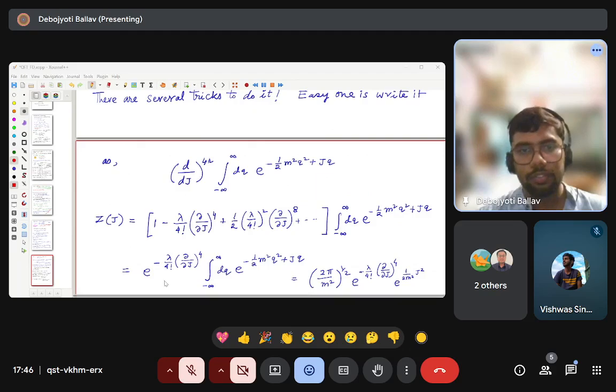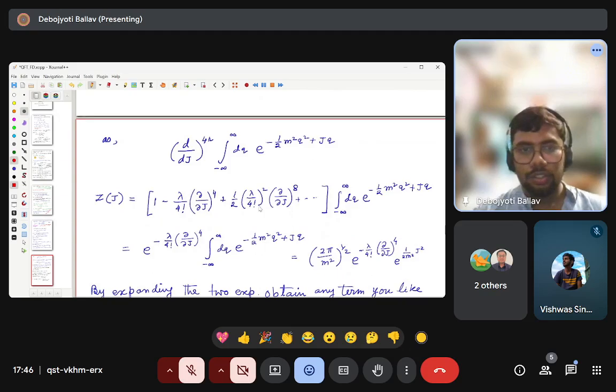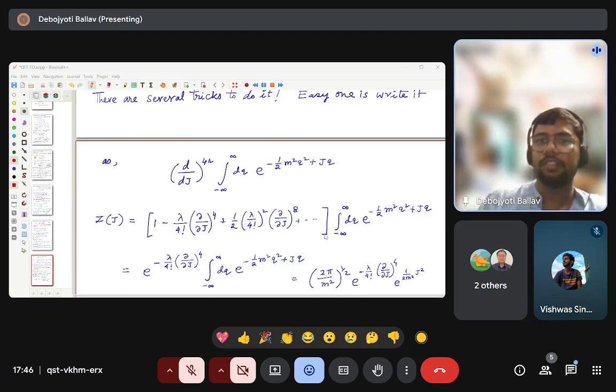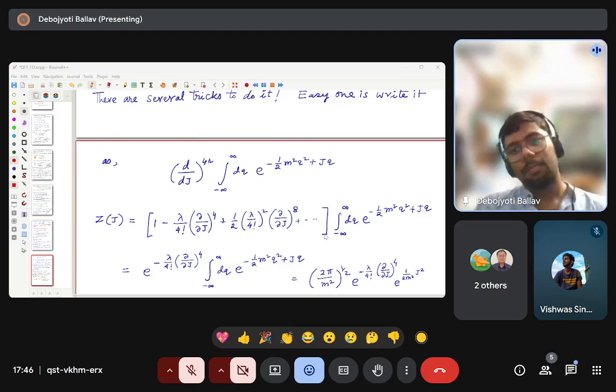So now you have the solution, but you have an operator left out. So you have two exponentials, one in lambda, one in j squared. Now you cannot exactly solve this integral. You have to take all the orders of derivative. There are all the orders of lambdas and all the orders of j's. But order by order, you can pick any orders of calculation you want.